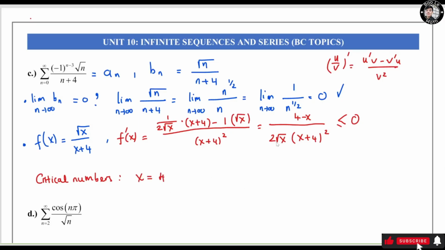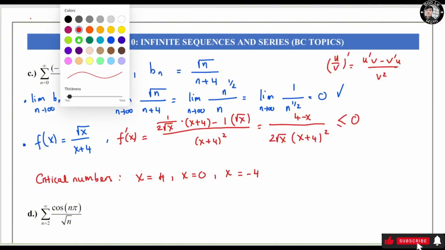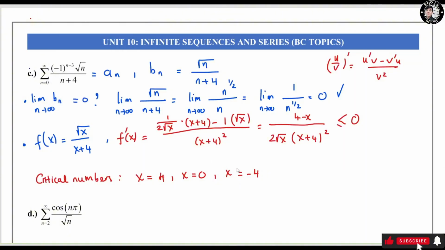The bottom here, square root of s equals 0, s equals 0. s plus 4 equals 0, s equals -4. But you need to be careful. You need to eliminate this one. Why? Because s equals -4 makes the original one undefined.